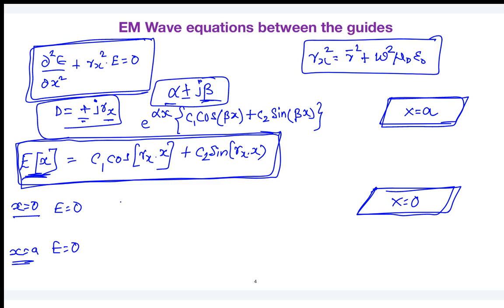So first, at x equal to 0, your electric field is 0. So 0 equals C1 into cos 0, which is 1, plus C2 into sin 0, which is 0. So you get the constant C1 equal to 0.